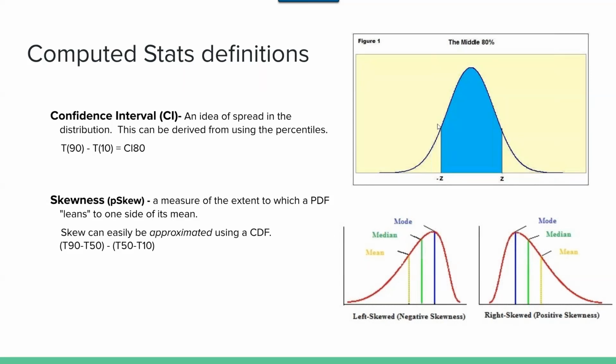And I think I got a couple more here on some computed stats that I do throw into ModelCertainty. And this confidence interval, I already sort of hinted at that with the PWPF experiment. This is the 90th and the 10th. That's basically our 80% confidence interval.